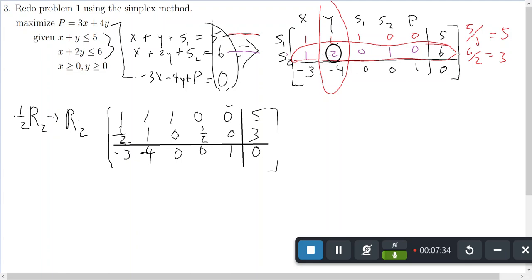Because of the position of the pivot over here in the Y column and the S2 row, the S2 row is now going to be called the Y row. So you can do that at this point. And S1 is still there, and everything across the top stays the same because the column names never change. Only the row names change.